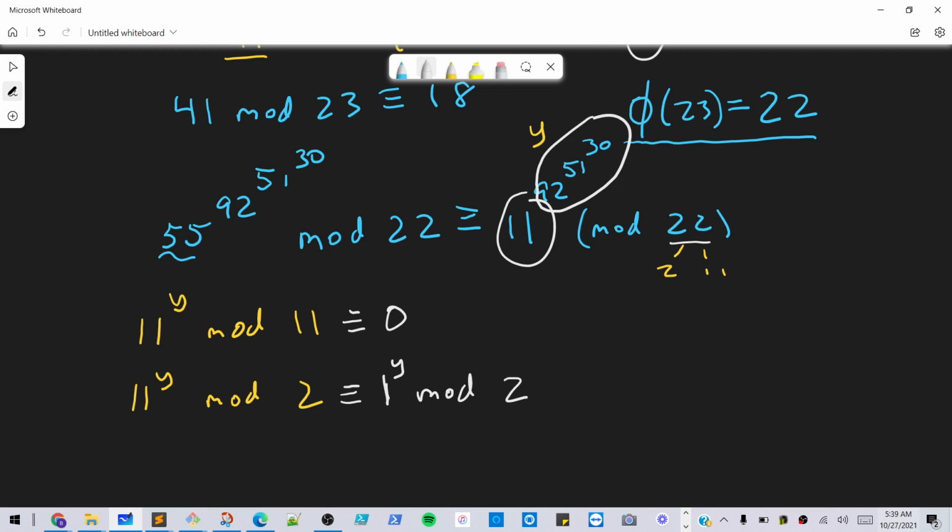Sorry, this is because the remainder from 11 divided by 2 is 1. But 1 to any power is 1, and 1 mod 2 is 1. So no matter what we do here, we get 1. So this is going to simplify things quite a bit.